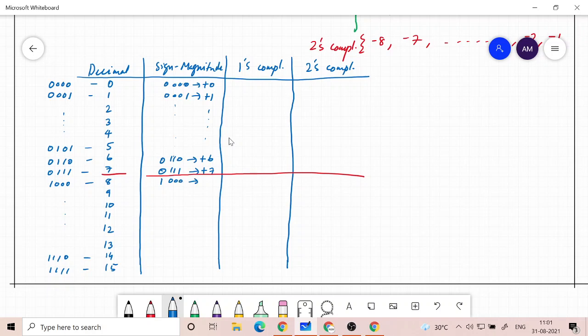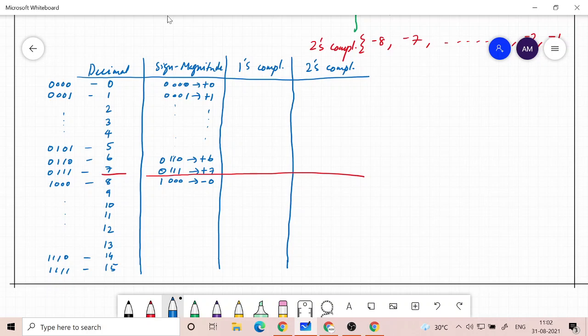In sign magnitude form, this is basically minus 0. That is the sign. So we have a sign bit, which is the MSB here. The most significant bit we treat as the sign bit. We allocate one bit. So in binary representation, we are not coming up with any plus or minus sign. Instead of that, the most significant position we assign for the sign.